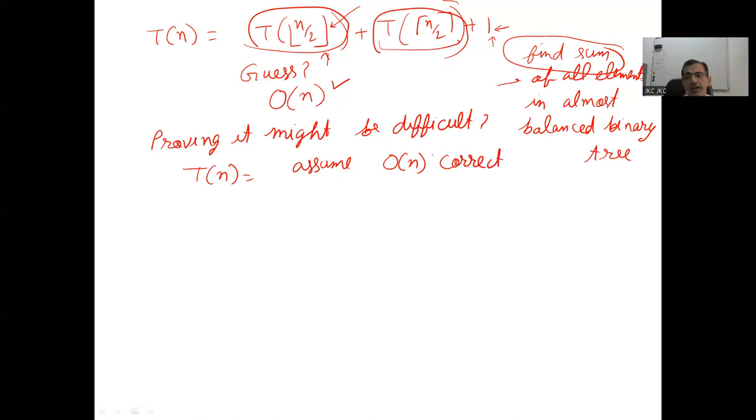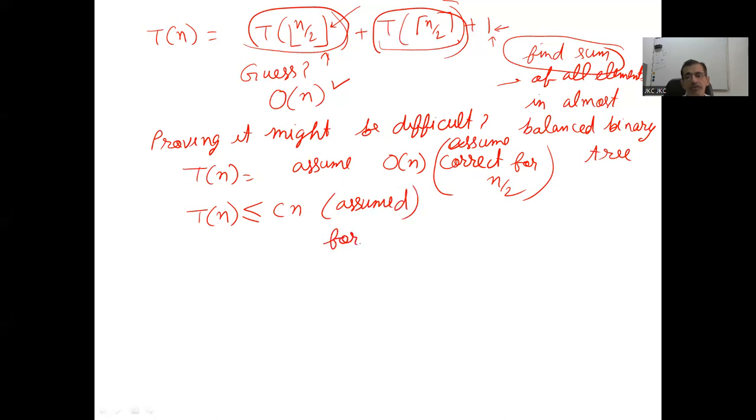Assume it is correct for n/2. If I assume this to be correct, that means T(n) is always equal to Cn log Cn. That's it, because it is order of n. This is what we assumed.